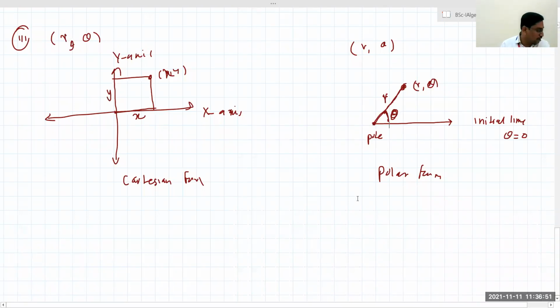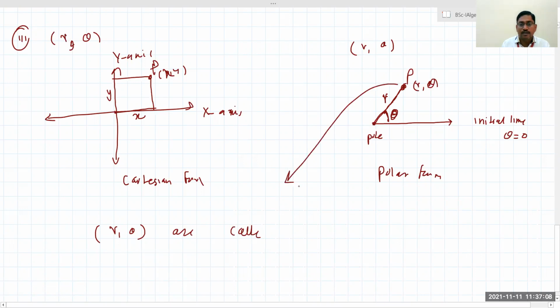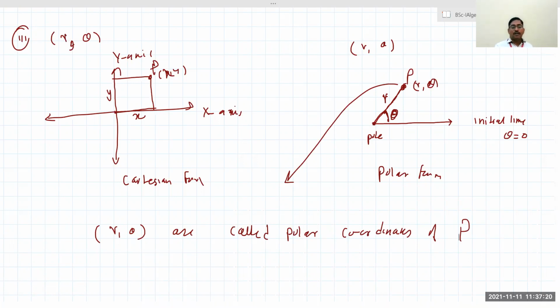So r comma theta are called the polar coordinates of the point P. This will be the same point P, but this is the Cartesian form and this is the polar form. Here r comma theta are called the polar coordinates of the point P, but it doesn't mean that it is r plus i theta. It should be r cos theta comma r sin theta.